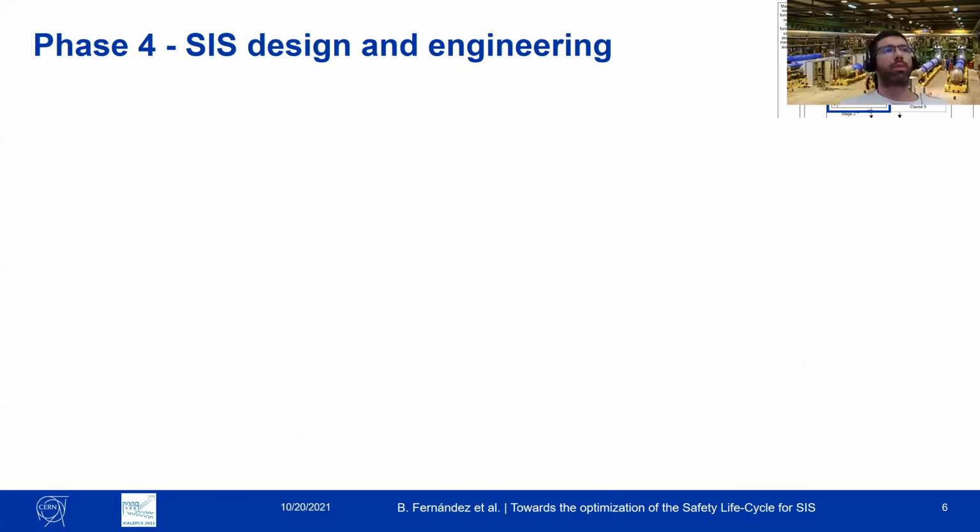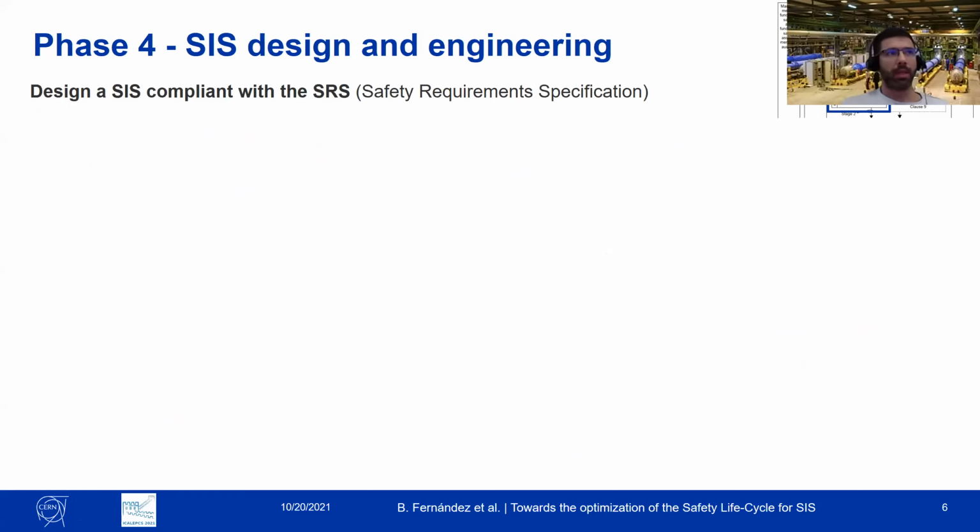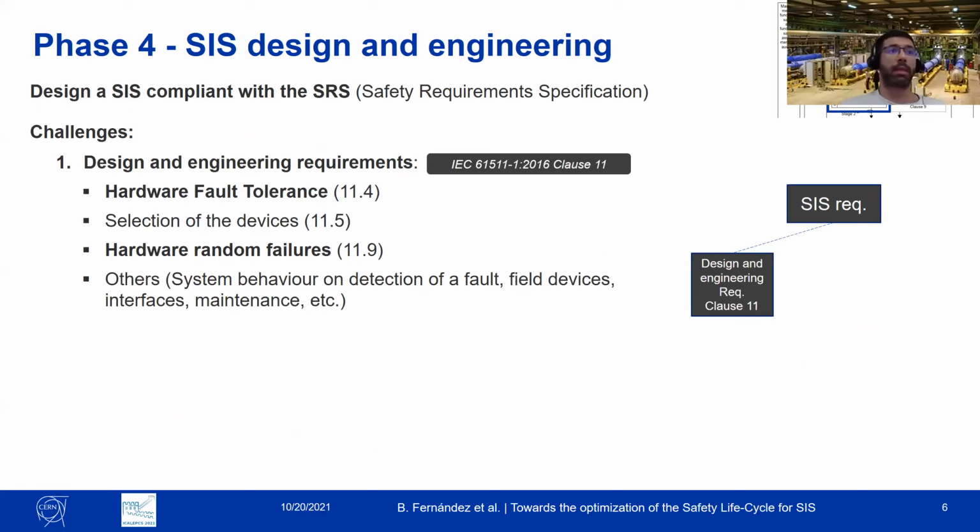Now let's talk about phase number 4, the design and engineering of safety instrumented systems. The goal of this phase is to design a safety instrumented system that is complying with the safety requirements specification. The challenge is basically to follow all the requirements that are given by this phase. The first bunch of requirements are related to the design and engineering of the safety instrumented function, safety instrumented system.